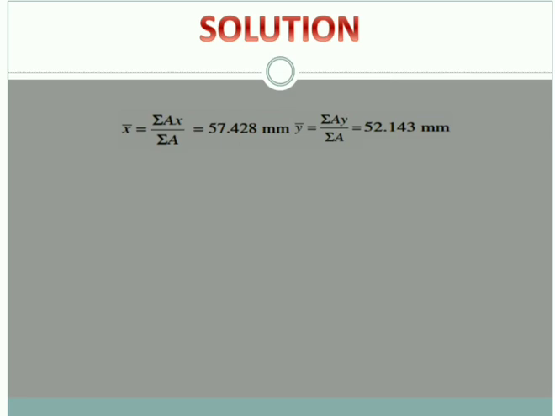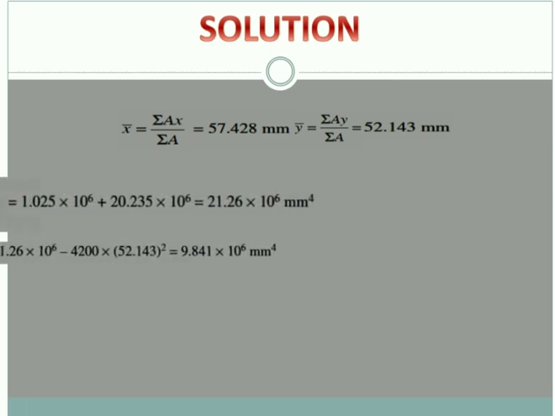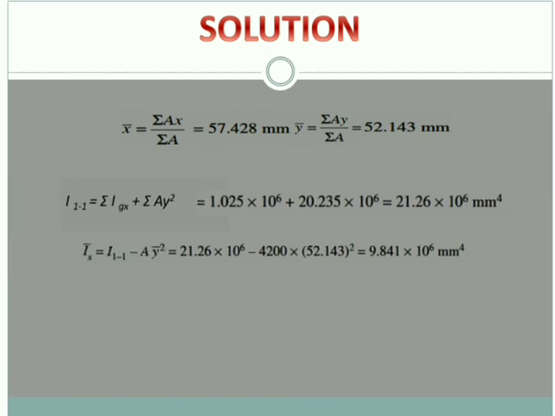X bar will be equal to summation Ax upon A, Y bar will be summation Ay upon A. Then as per our procedure, I11 is equal to summation Igx plus summation Ay square. Get the value of moment of inertia about axis 1, use the parallel axis theorem and get the moment of inertia about x axis, that is I bar x equal to I11 minus A y bar square.